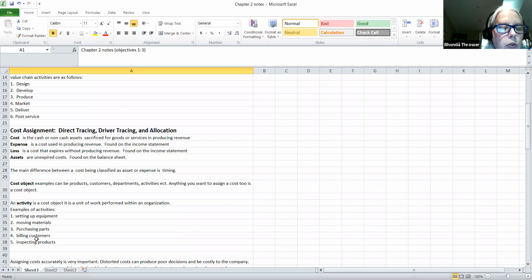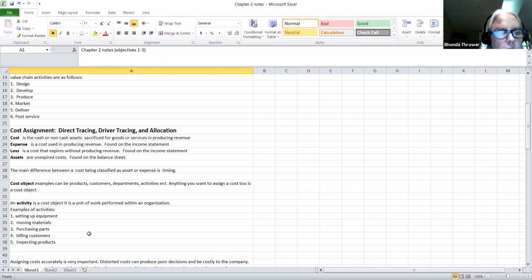Purchasing parts, billing customers, inspecting products, all of these are examples of activities that we can assign cost to. And if you've noticed, each one of these has "ing" on it, because they're actually verbs that describe the actual activity.